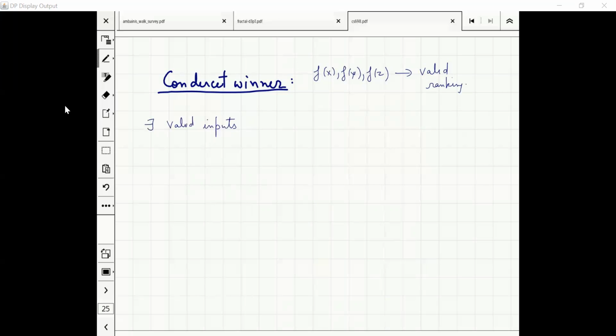So what we saw was that there exist valid inputs on which majority does not give a Condorcet winner. You agree? Condorcet was the name of a mathematician, by the way.